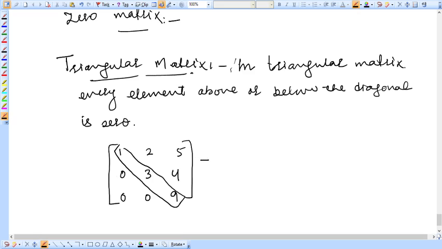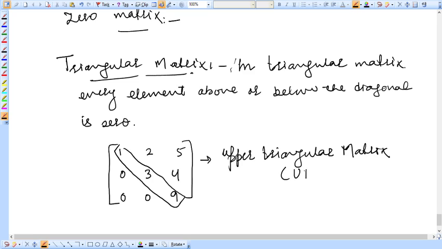So the triangle of non-zero numbers is lying above these zeros, and therefore this is known as upper triangular. Okay, we will be writing it as UTM.